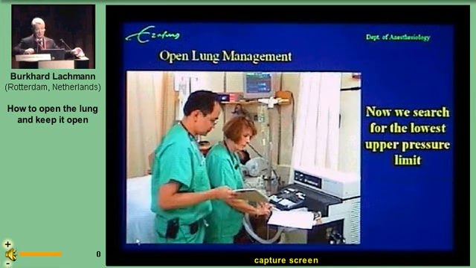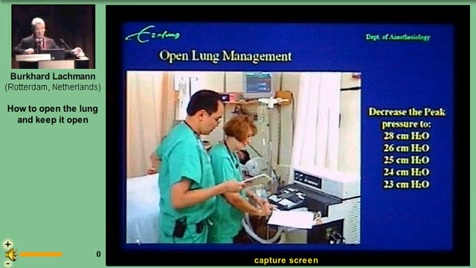The next step we should take is to look for the lowest possible pressure which keeps our lungs open. And for this, you have to decrease the peak pressure from 30 now to 28 centimeters of water.